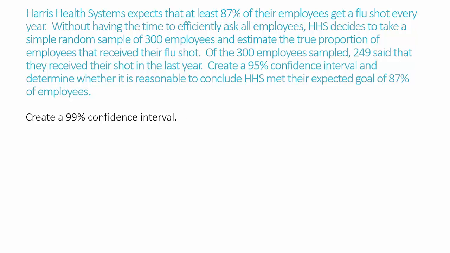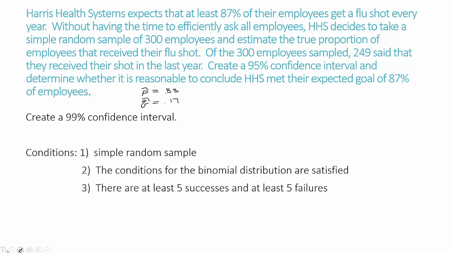Before we did 95, now let's take a look at 99. We know a lot of our values from before. We know our p hat value is 0.83, and our q hat value is 0.17. But 99% confidence is going to give us a new value for z. We know these conditions are met, so that's not an issue for us.